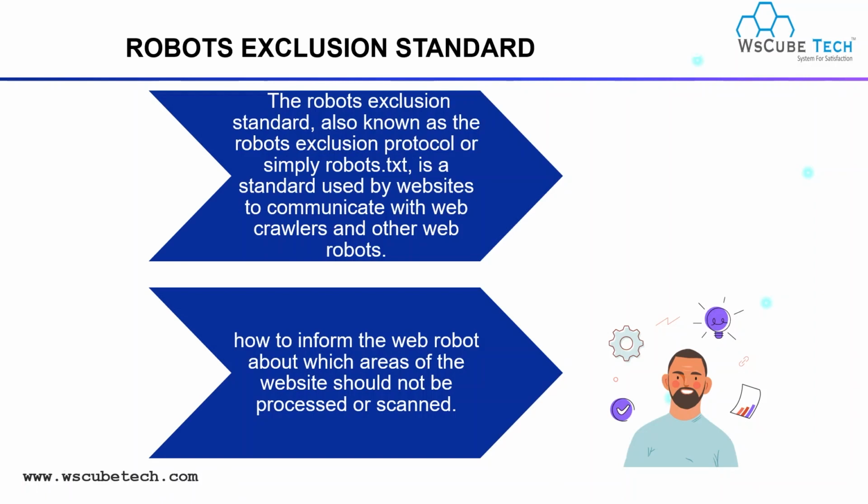This is the robots exclusion protocol, or simply your robots.txt, which is a standard used by websites to communicate with web crawlers and other web robots. It explains to the web robots which area of the website should not be processed or scanned.